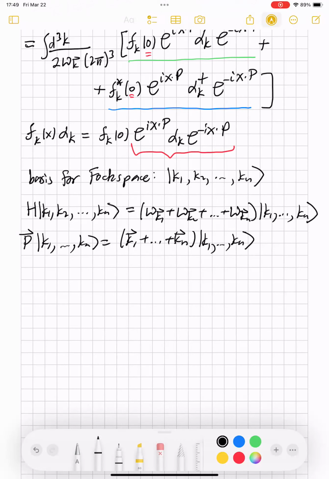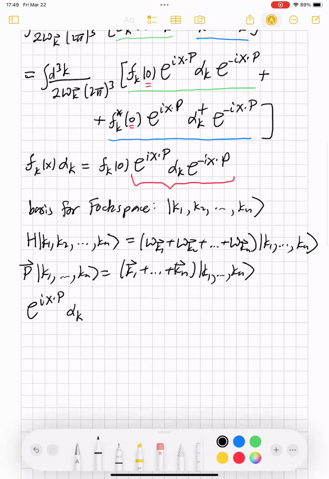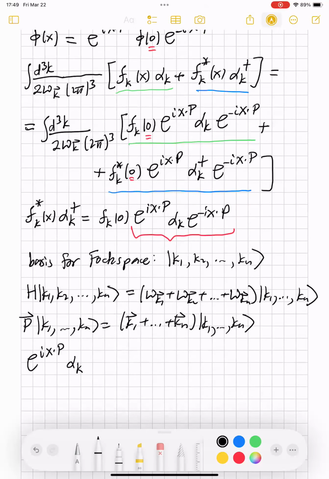What we're going to do is study e to the I x dot p on alpha k. In fact, you know what? This is not the equation that I want to study. It's slightly simpler to study this equation. I'm going to complex conjugate fk. I'm going to include a dagger sitting here. So that's that blue underlined term. I'm going to complex conjugate here. I'm going to include a dagger here.